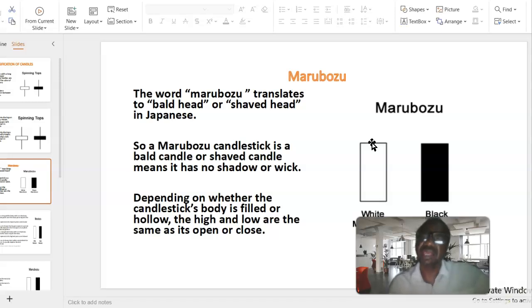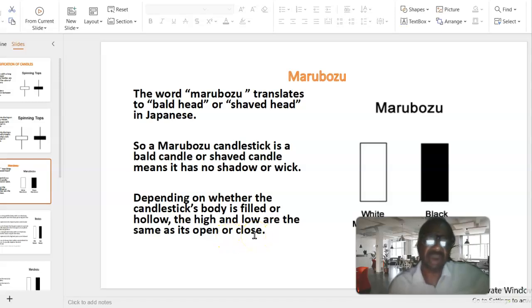If you see wicks at the top, it means rejection by the bears. If you see wicks below, it means price rejection by the bulls. So depending on whether the candlestick's body is filled or hollow, the high and the low are the same as its open or close.